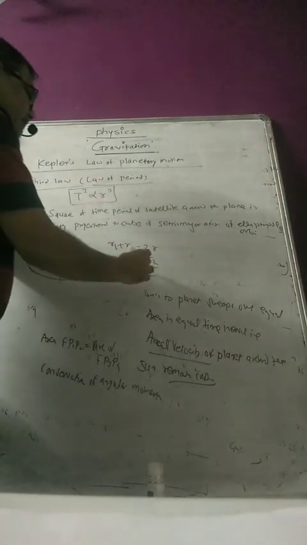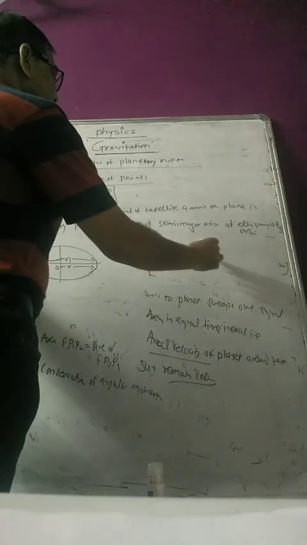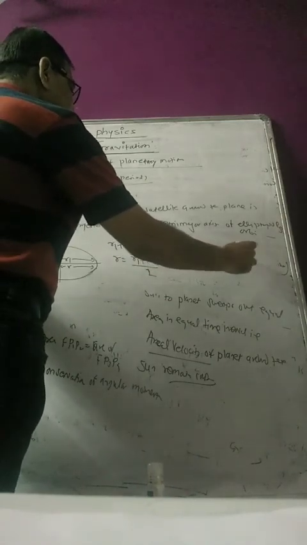Okay. तर मुलांनो हा R काय आहे तुमचा सेमी मेजर ऍक्सिस आहे, ओके. R1 plus R2 by 2, where R is the semi major axis, ओके.